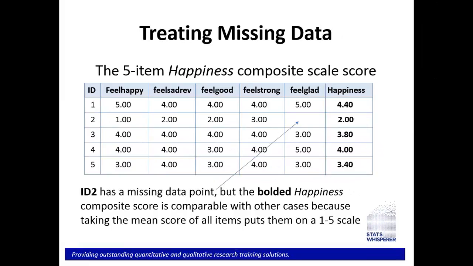The only trade-off is ID2 isn't going to have the dimension of feel glad in that composite score. So the composite scores are comparable, which is what we want. It's just that one dimension for feel glad won't be represented in ID2. However, the good part about this is you're getting a composite score that is based upon actual study participant data, and nothing's been imputed.